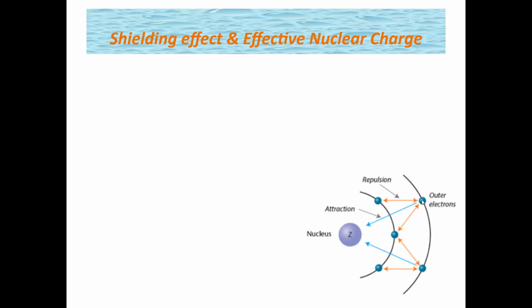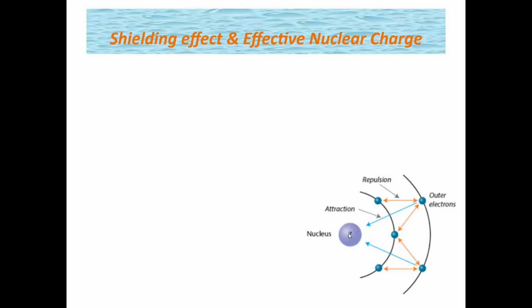The outermost electron revolves around the nuclear charge. Here the revolving electron has two equal forces, centripetal force and centrifugal force, working upon it. Now what happens here? The actual nuclear charge attracts the electron towards the nucleus.